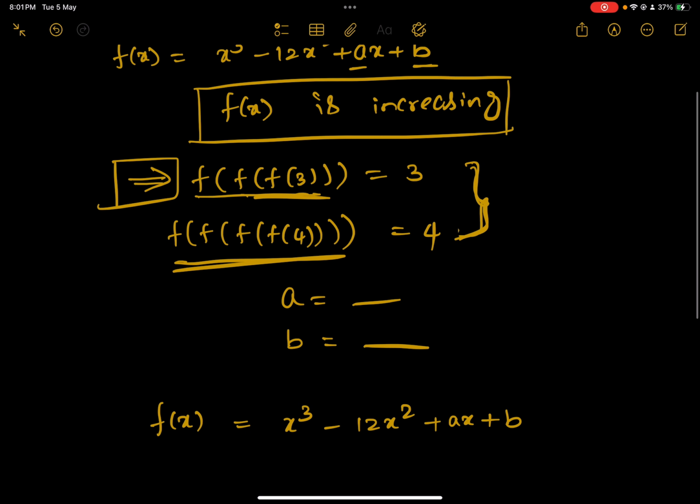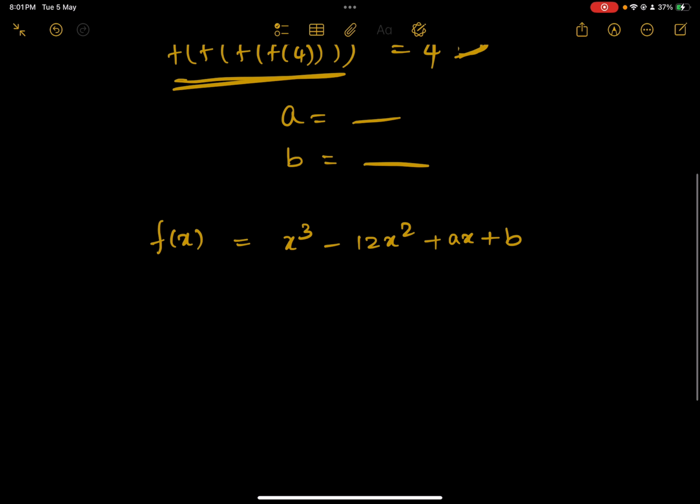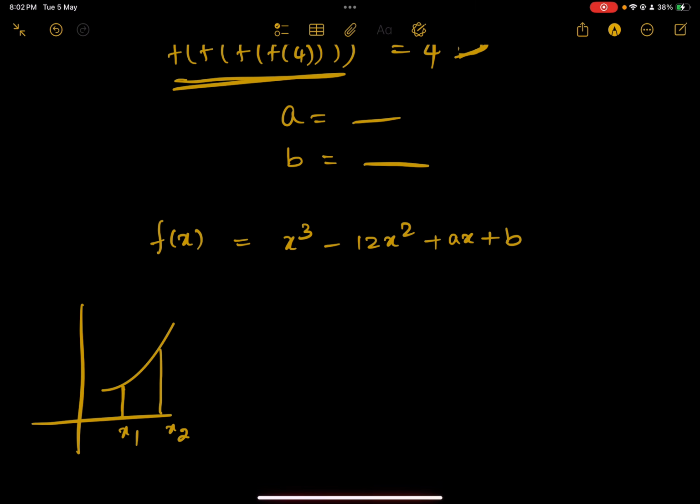Okay, so let us revise the definition of an increasing function. What is an increasing function? An increasing function looks something like this. All right. So if this is x1 and this is x2, the definition of an increasing function is something like this.